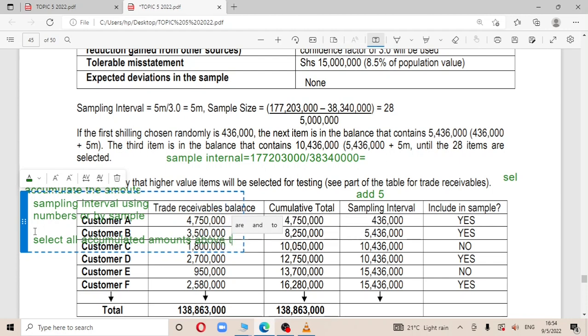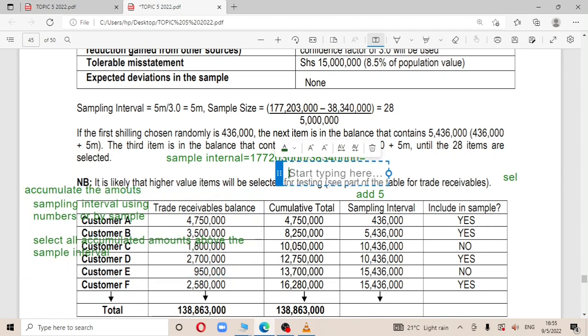So you come here, the 4.7 is above the 4.36, so we select that. The 8.2 is above the 5, we select that. The 10.0 is below 10.4, we don't select. The 12 is below, even this one we don't select. The 13.7 is below, we also don't select.